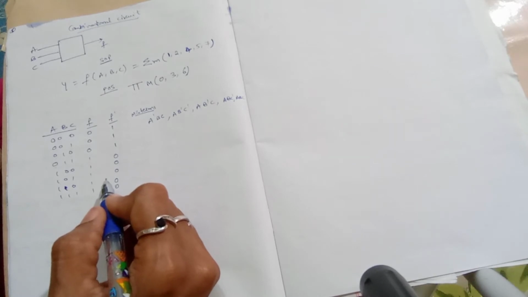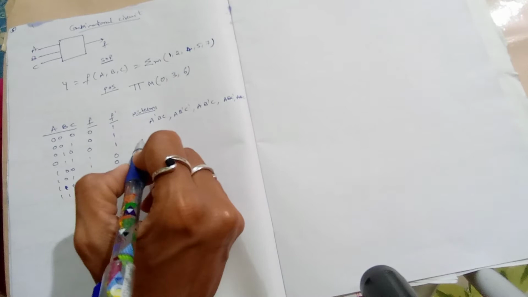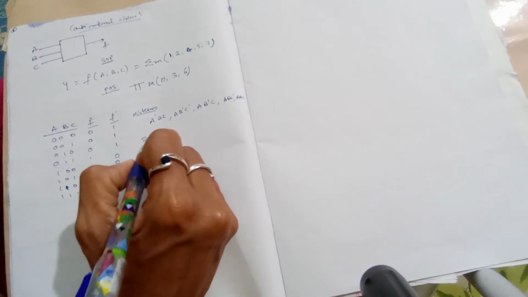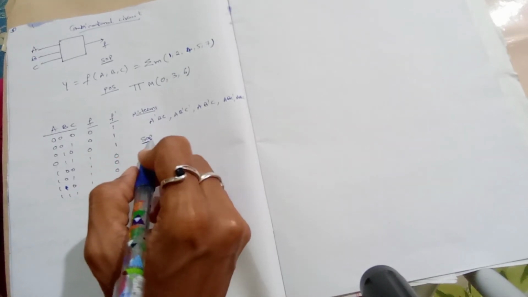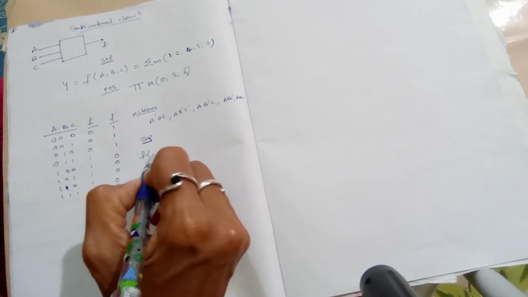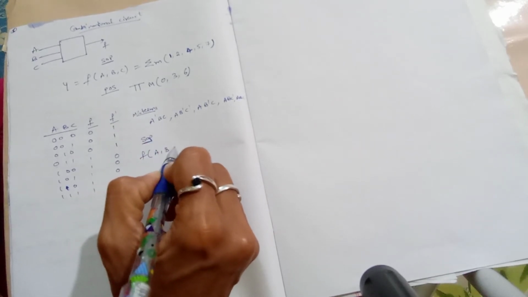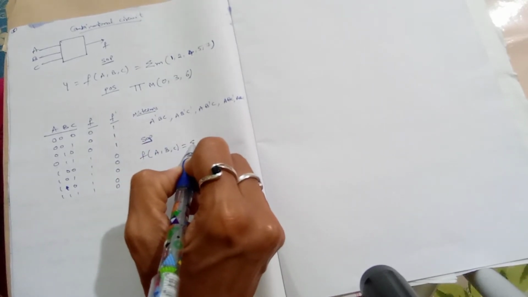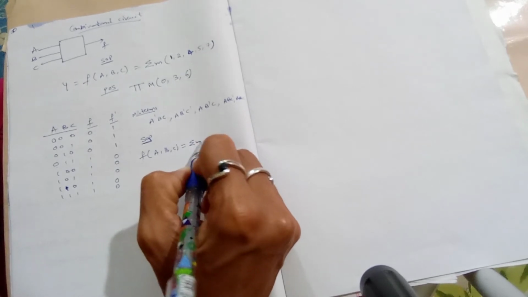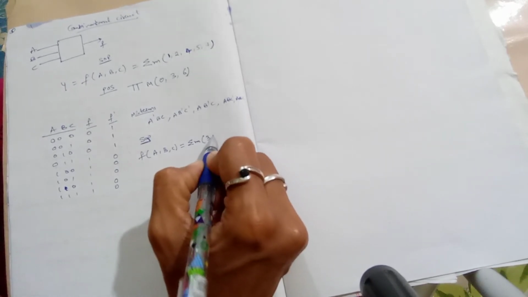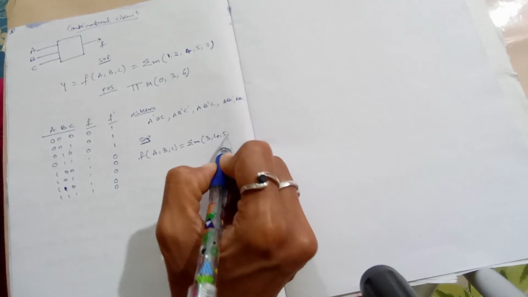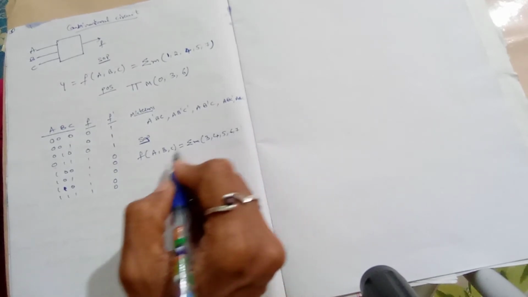Now the expression, that is SOP, written as function of A comma B comma C is equal to summation of m of 3, 4, 5, 6, 7.